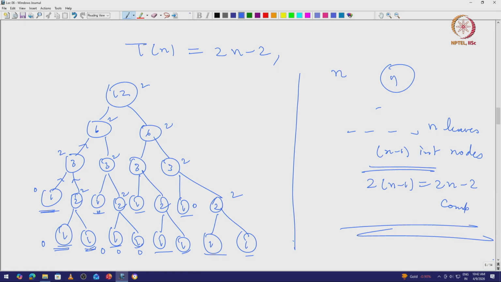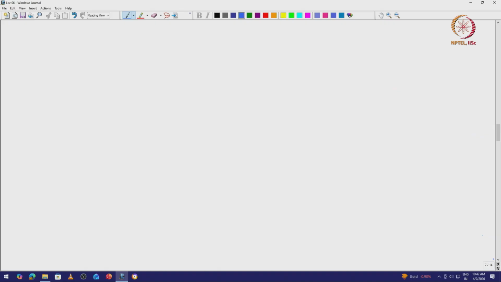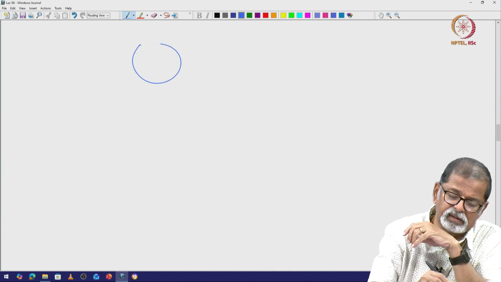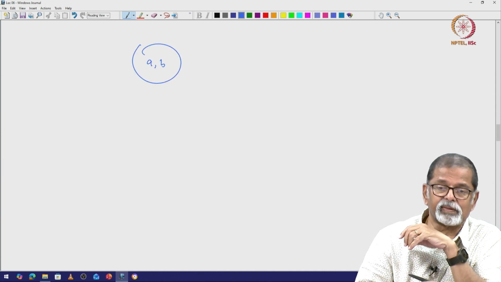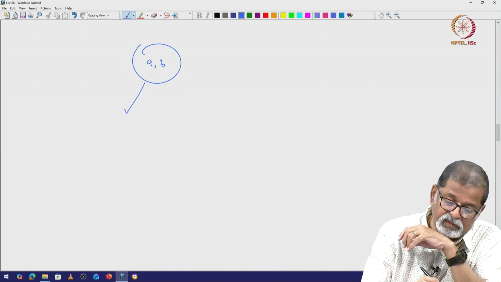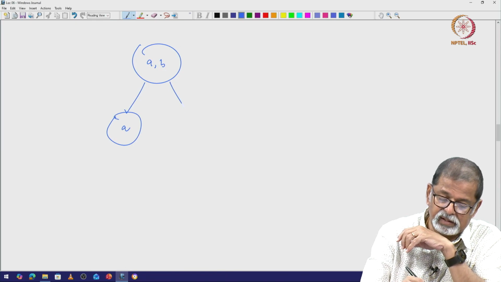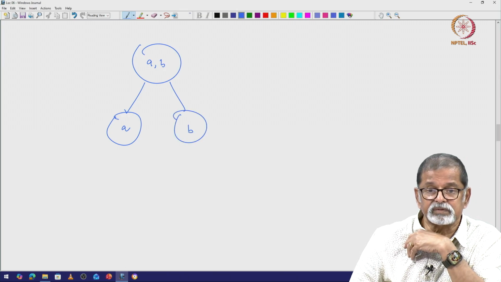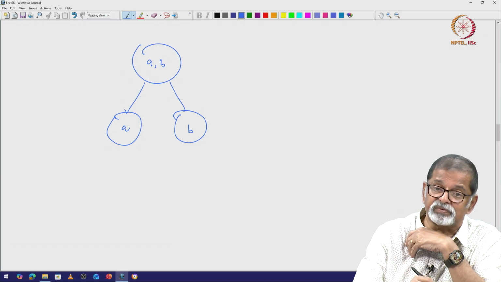So, if you look at the current recursive algorithm, how does it work on two inputs? Let us take A, B. How does it work on A, B? Split into A and B. What is the min and max of A?